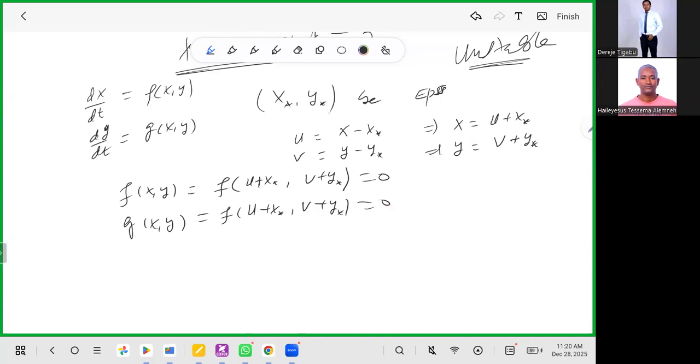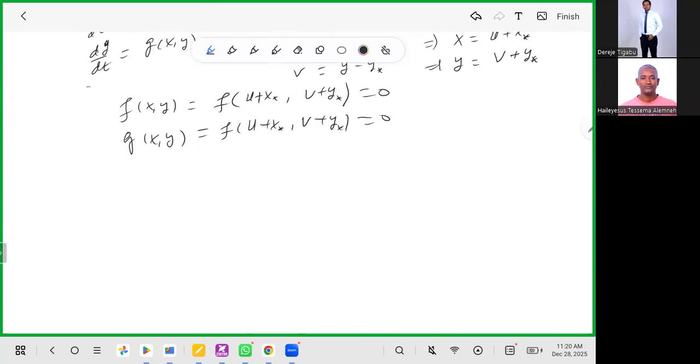So what we have done in the single variable 1D case, we can apply the Taylor series expansion for the system.